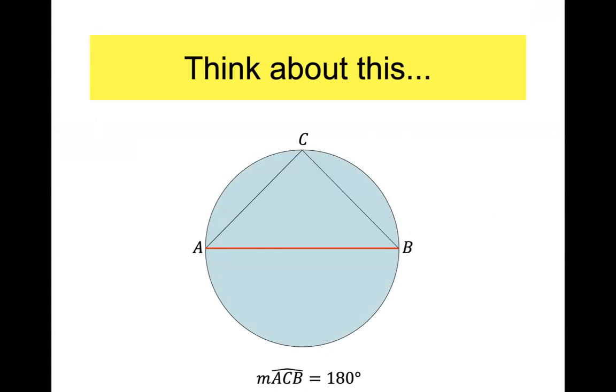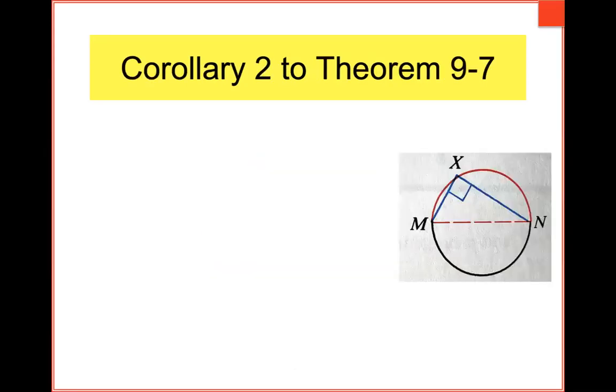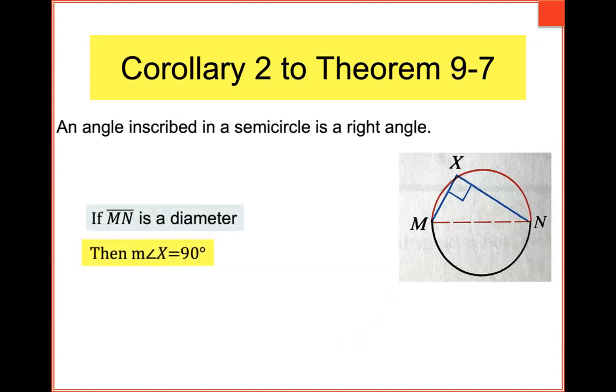It's inscribed, and the arc that it makes is a diameter, or it forms a semicircle arc, and half of 180 is 90. And that's corollary 2 to 9.7. Notice they've got their C, they call it X here, in a different location, but by observation you can see it's 90 degrees. All right, so that's the so what about corollary 2.